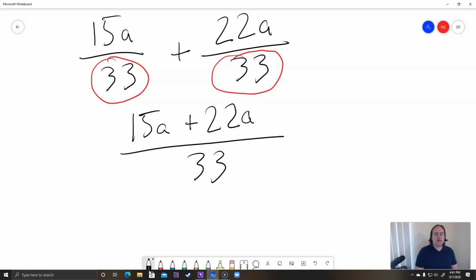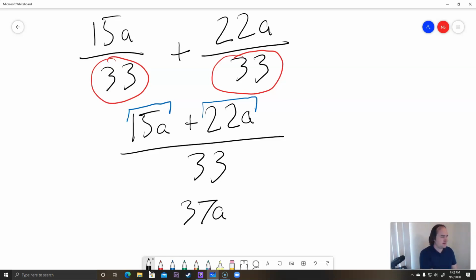Okay? And then in the numerator, we actually have like terms here. So 15a and 22a are like terms because they both have the same variable, a. So 15 plus 22 is going to give you 37. So in the numerator, we actually get 37a.